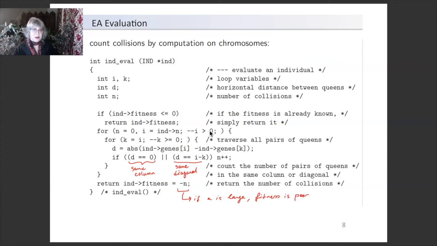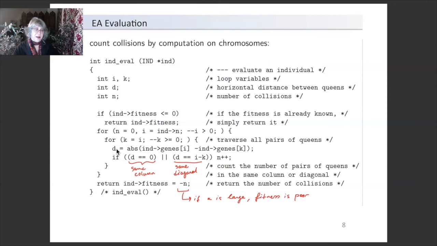When it becomes 0, we will go out of the loop. For the inner loop, we are setting k to I. Each time we are decrementing the value of k by 1, and we are comparing if it is greater than or equal to 0. So in these two loops, we traverse all pairs of queens.